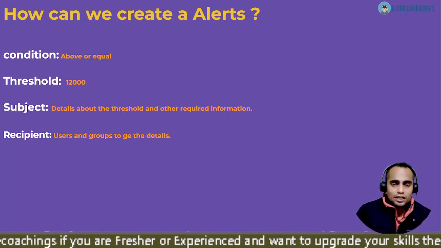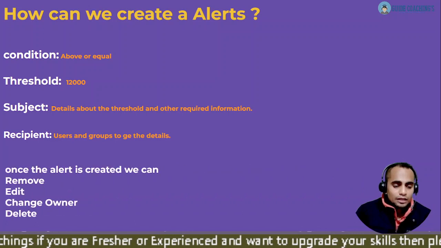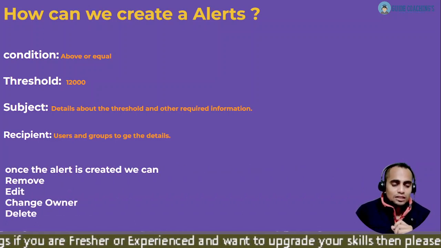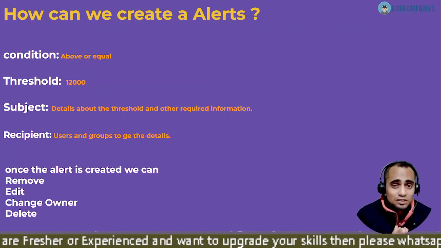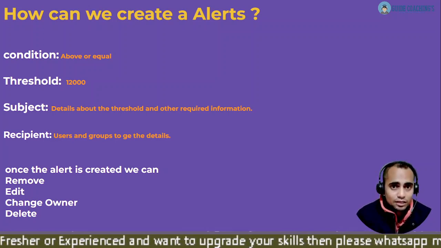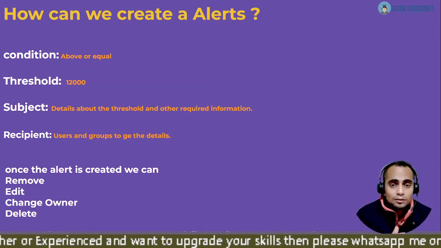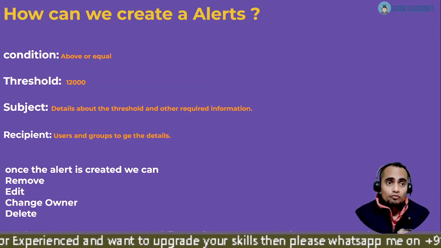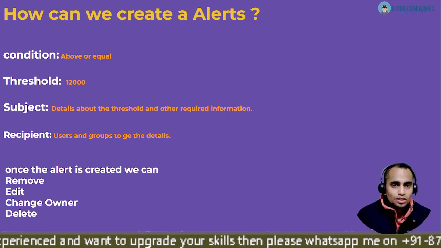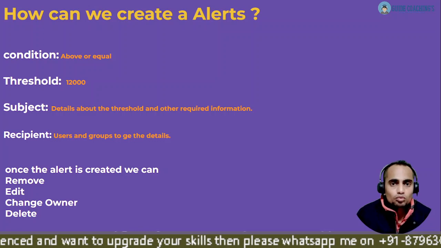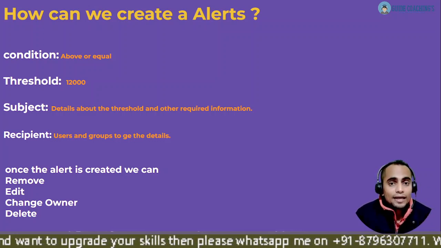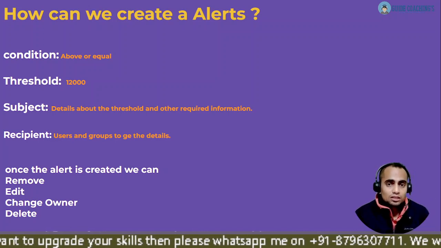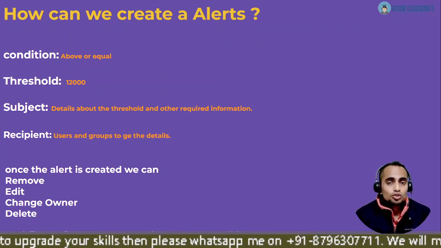After the recipients are added, we will create the alert. Once the alert is created, if the threshold is met, everyone in the recipients list will get an email with the details that the particular threshold is met.